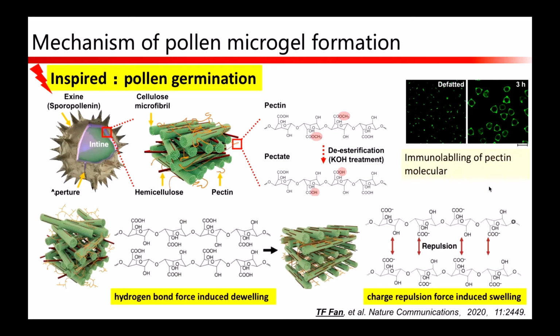To verify our hypothesis, we used the immunolabeling method to track the pectin molecule, and the result was in agreement with our hypothesis. Then we can explain the swelling and deswelling behavior. In the acidic condition, the hydrogen bond force induces the deswelling. In the alkali condition, the charge repulsion force induces the swelling behavior.